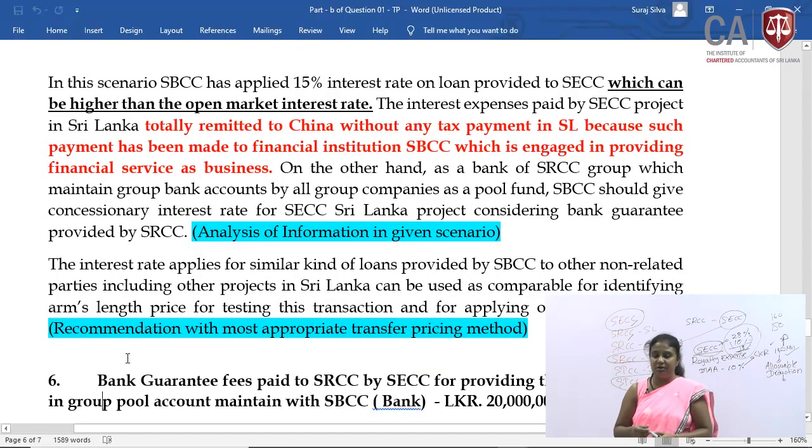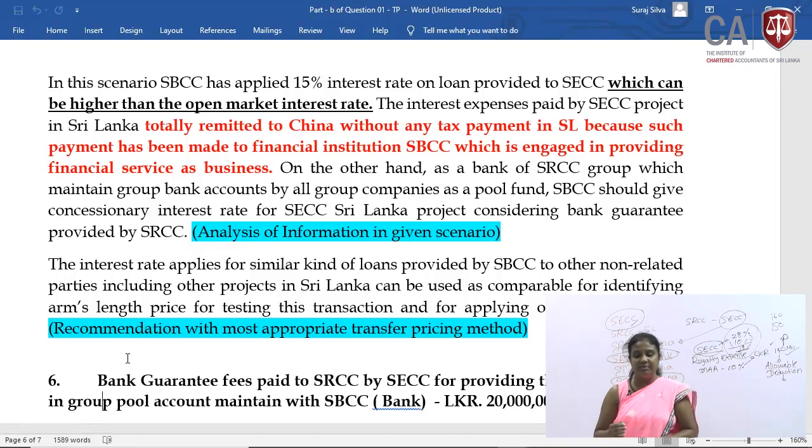In this scenario, SBCC has applied 15% interest rate on loan provided to SECC, which can be higher than the open market interest rate. Where I have taken this 15%, it's in the question. Very clearly given, the interest rate is 15%. If the interest rate is high, finance cost will be high.